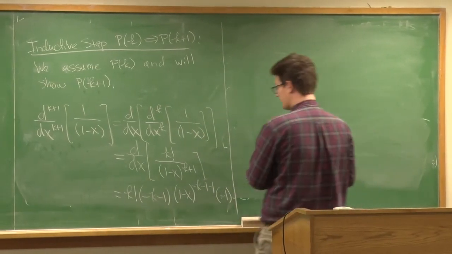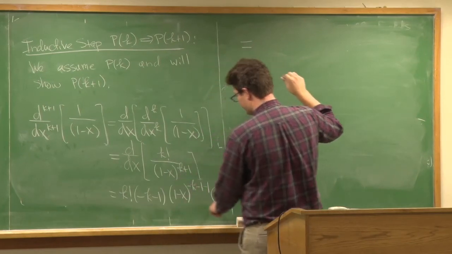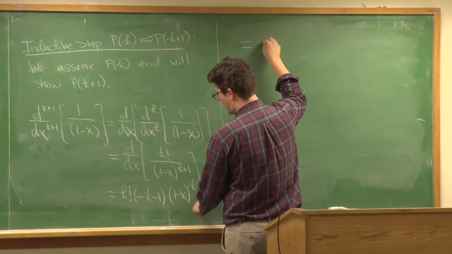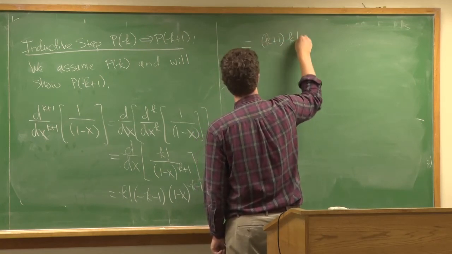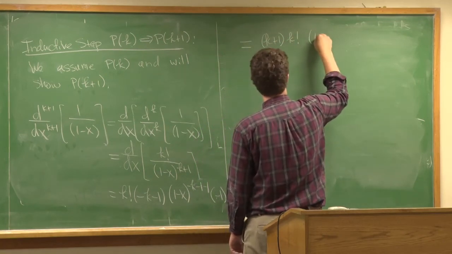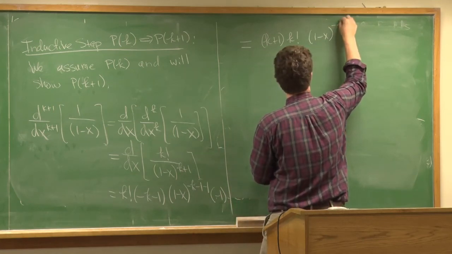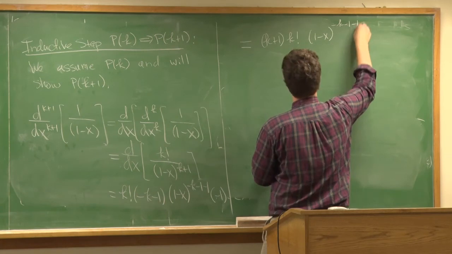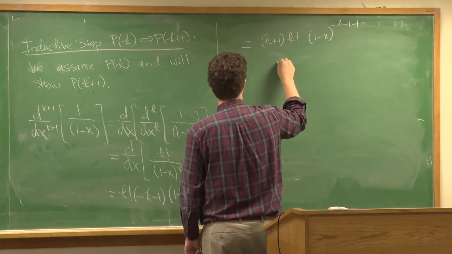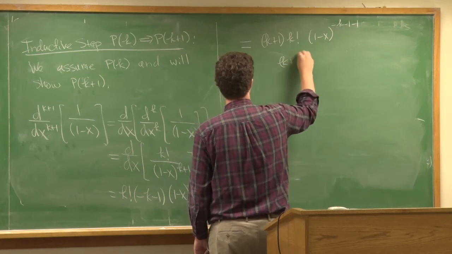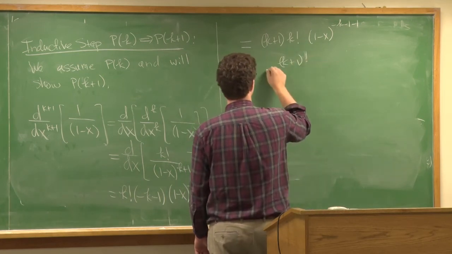OK, so this thing here is equal to, well, the minuses here and here cancel. So this is k plus 1 times k factorial times x minus 1 to the minus k minus 1 minus 1. OK, so by the definition of factorial, this is just k plus 1 factorial. The factorial is just, you multiply all the numbers out that are less than that.